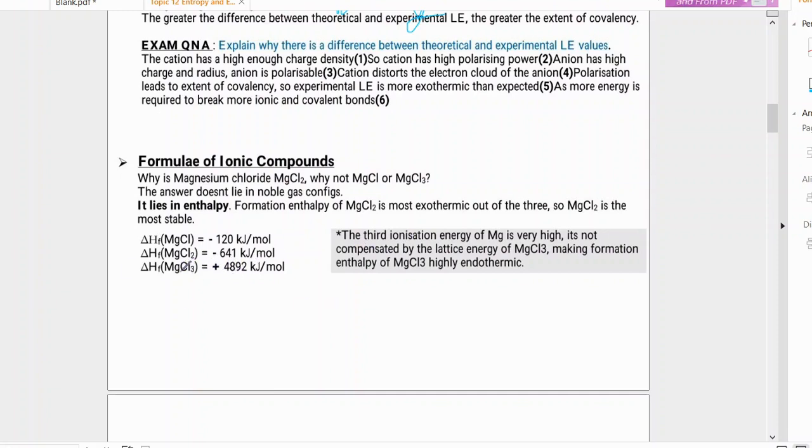The reason for this being endothermic is that the third ionization energy of magnesium is very high, so it's not compensated by the lattice energy of magnesium chloride. Lattice energy is exothermic and ionization energy is endothermic. So the lattice energy of MgCl3 is not releasing enough energy to provide energy for removal of the third electron, making the enthalpy change of formation of MgCl3 highly endothermic.